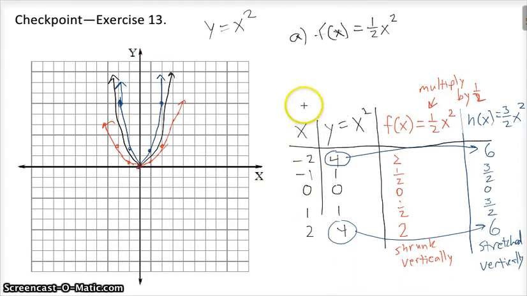So what you need to know is if there's a number in front of the square, if it's just a square and you have a number in front of it, if it is a number between 0 and 1, you're going to shrink it vertically by that factor. I multiplied all those numbers by a half. If it's a number that's greater than 1, it's going to be stretched vertically by that factor. So if the number in front of the square, I'm going to call it a, is greater than 1, it's vertically stretched.